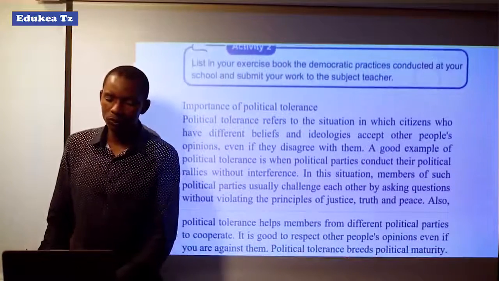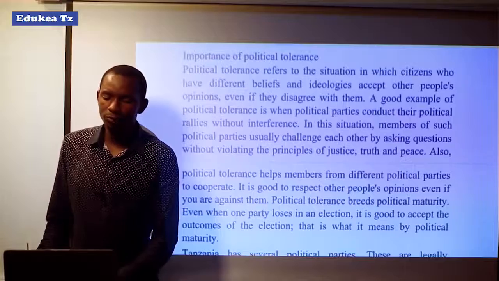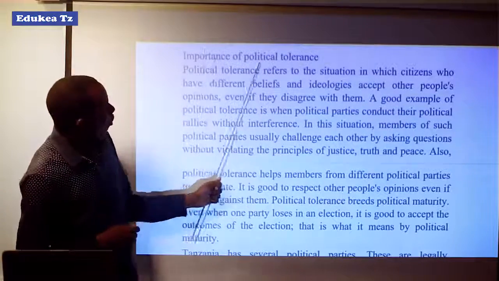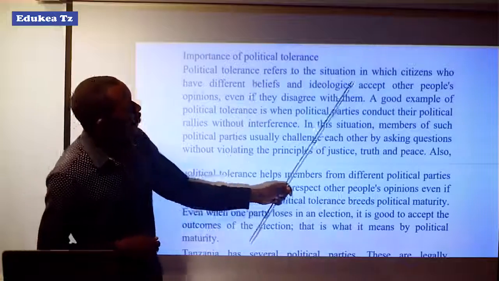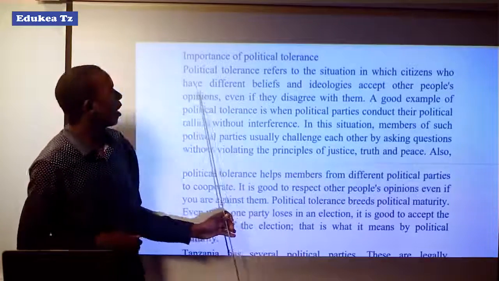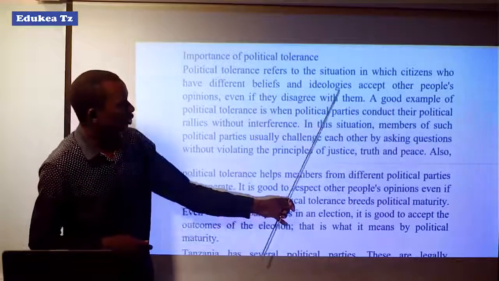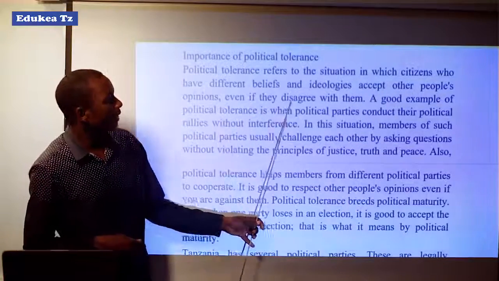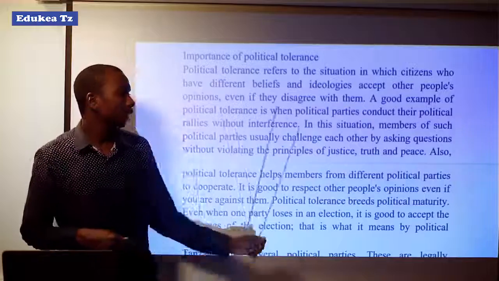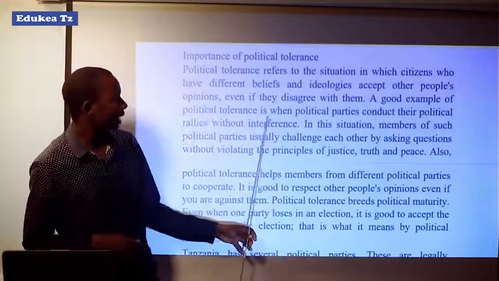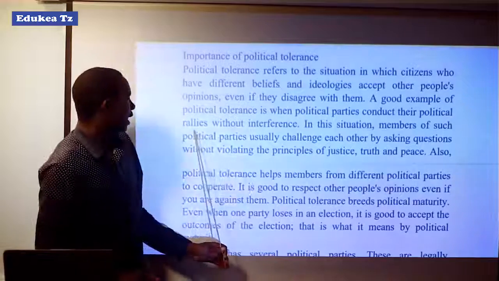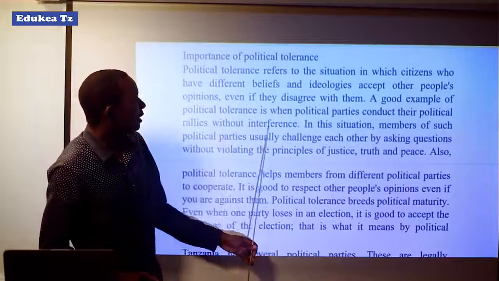Importance of political tolerance. Here we have to know the meaning of political tolerance. Political tolerance refers to the situation in which citizens have different beliefs and ideologies, yet accept other people's opinions, even if they disagree with them. A good example of political tolerance is when political parties conduct their political rallies without interference.